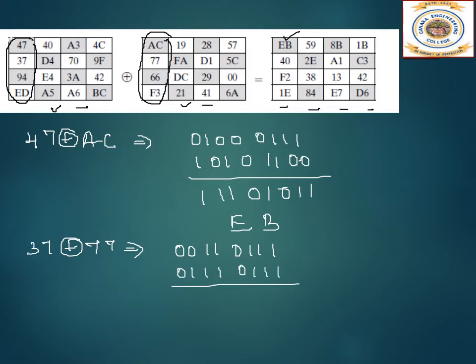Doing the bitwise XOR addition, we get 0100 0000. The hexadecimal equivalent is 4 and 0, so we got 40. Similarly, you can try the others as well and see how you get the other values in the state matrix. This is how add round key is done.